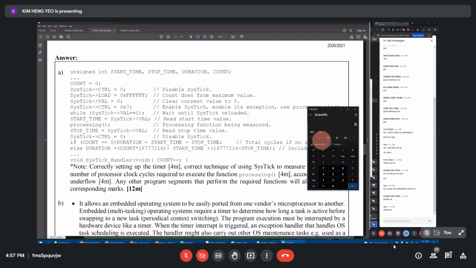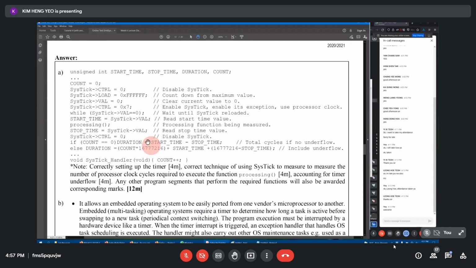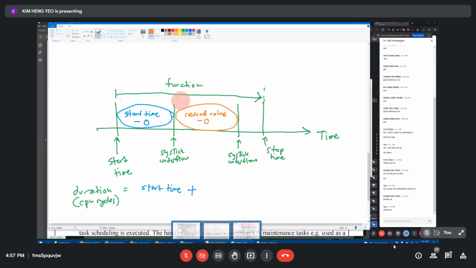Let me check. 2 power 24 is, yeah, 16 million. So the reload value is about 16 million. Okay, so I put it here. Your reload value is equal to 2 power 24. Reload value minus 0 is 2 power 24, so plus 2 power 24.